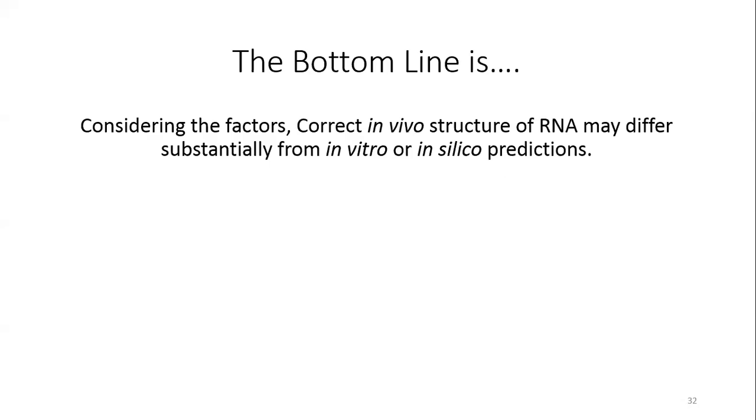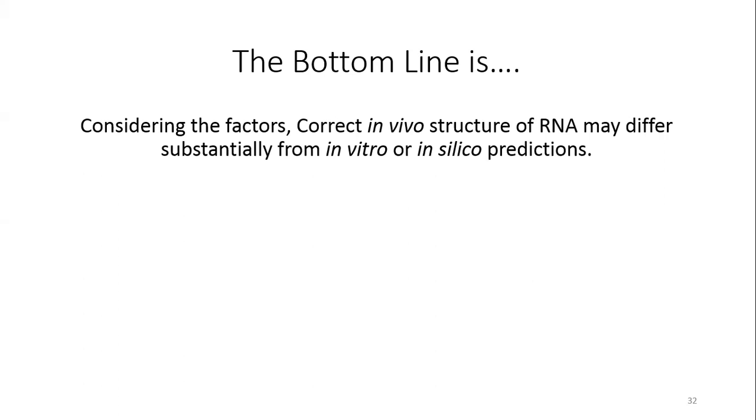Okay, in our previous lecture, just to give a small recap, we all came to a common conclusion that there are a lot of factors that affect the formation of secondary structure. We have discussed in brief what those factors are and how they affect the formation of RNA secondary structure.